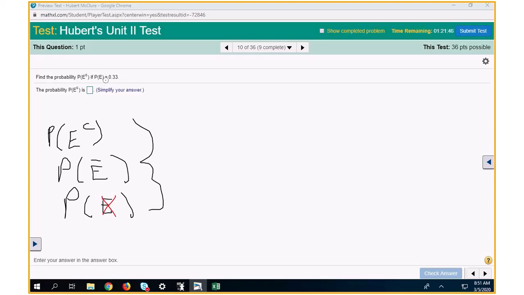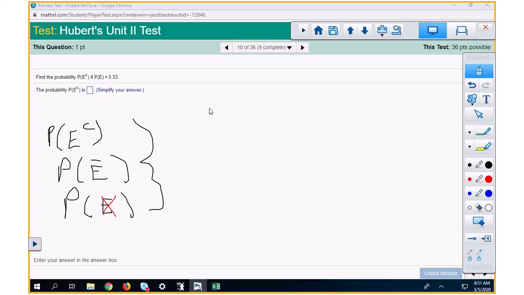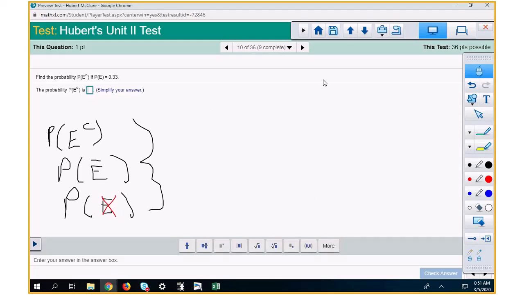So what is the complement of 0.33 to 1? 0.67. So why do people miss this problem? Because 1 is so simple, and 2, they've never seen that E to the C. And before I saw this question, I never saw E to the C. I've always seen the complement written with a line over it or with an X through it.